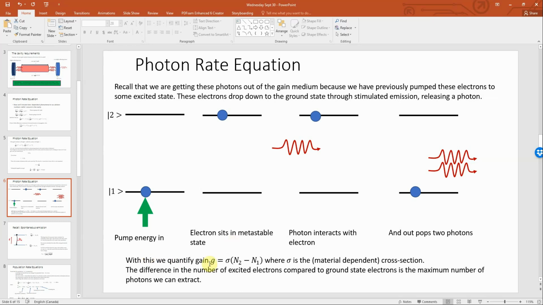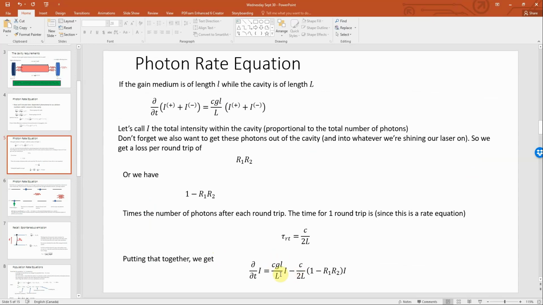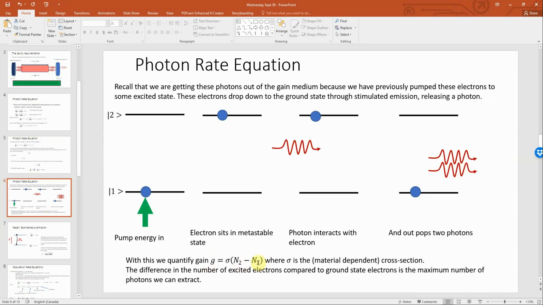But now we can relate the gain that we've been talking about for this photon rate equation to the number of states that are going to be excited within this system.